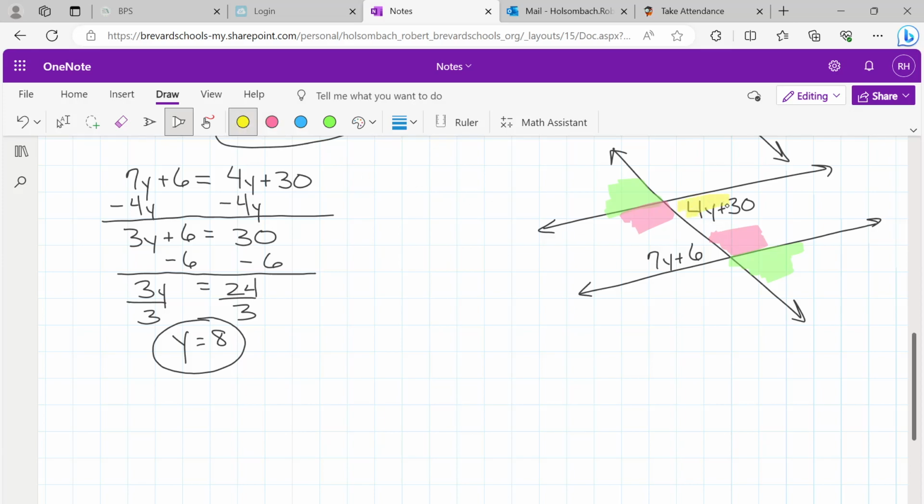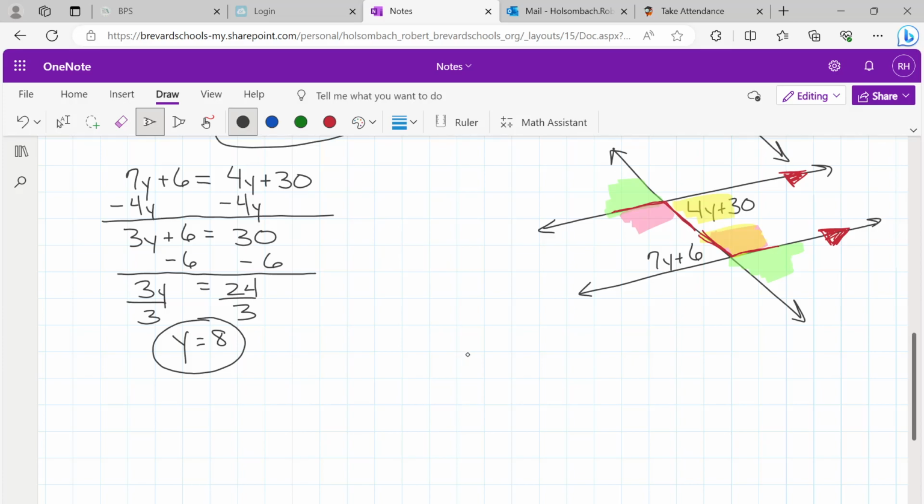What about the yellow here and this yellow? Consecutive interior angles. Sum 180 or congruent? They sum 180, don't they? I mean, you can also kind of look at the angles in this case, right? Look, you see that angle, and this angle, don't they kind of have the same shape? So they're going to be equal to each other when these lines are parallel. If those lines aren't parallel, none of these rules apply. Okay?